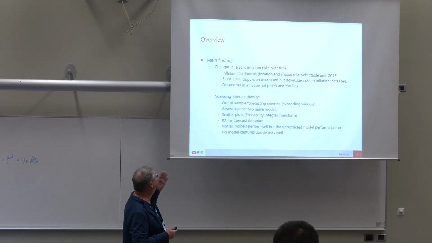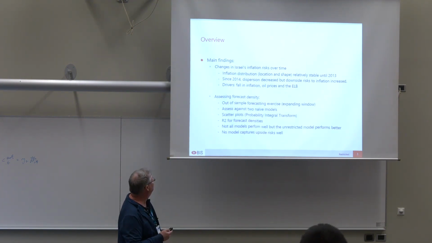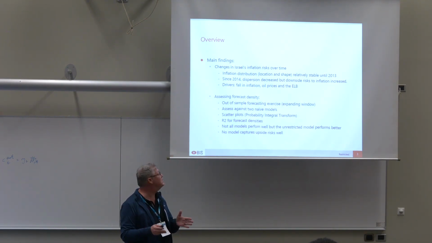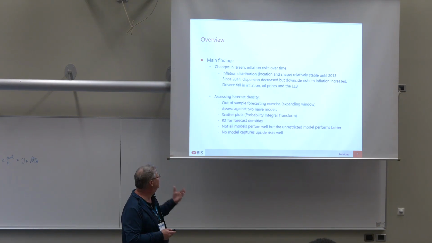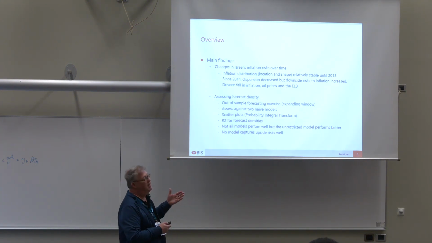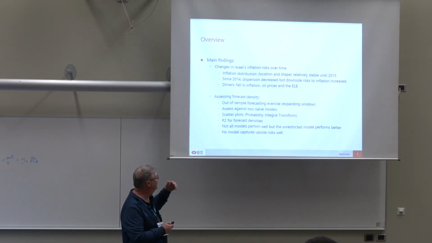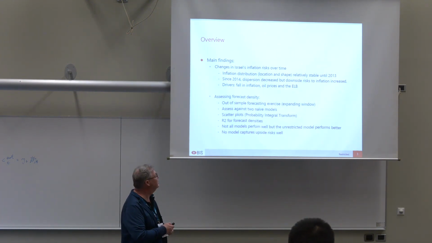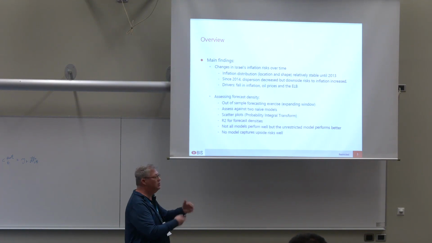So what are the main findings? The authors find that from the start of the inflation targeting period, the inflation distribution has remained relatively stable, but starting 2014, the distribution shifted to the left and dispersion decreased. The authors also find that downside risk to inflation increased relative to upside risk, so the skew is to the downside.